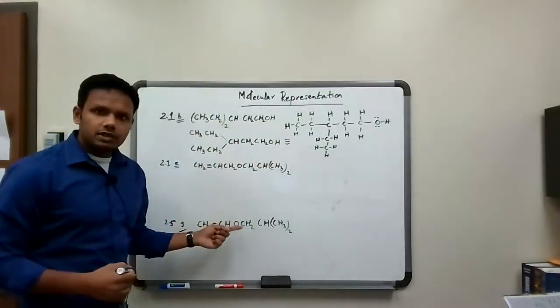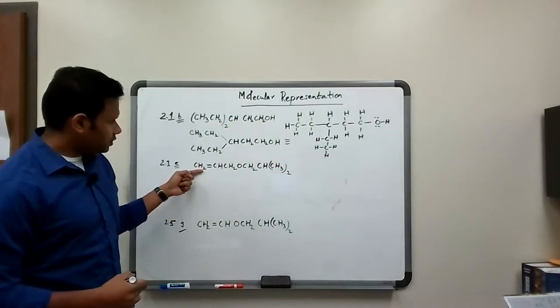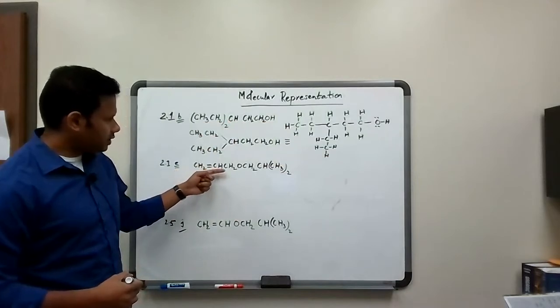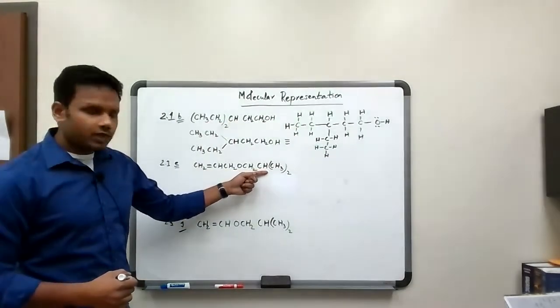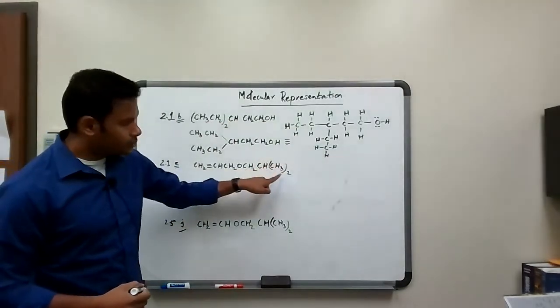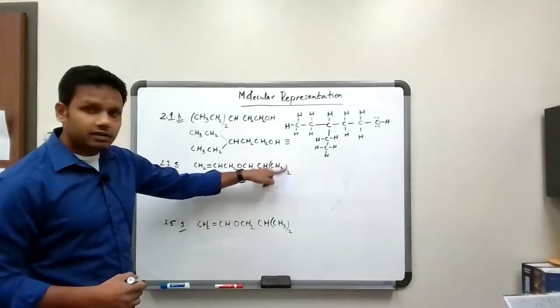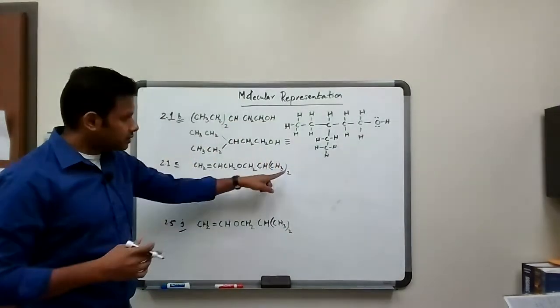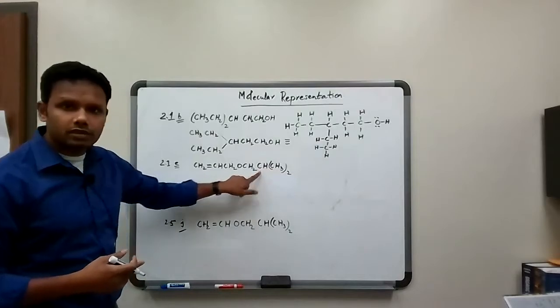Let's try to do the same for this structure here. Now for this one, notice how we have a CH2, then a double bond, CH, CH2, O, CH2, CH. And then that CH is connected to two CH3 groups. The fact that the CH3 is within parentheses with a twice on it tells us that they're both connected to that carbon.